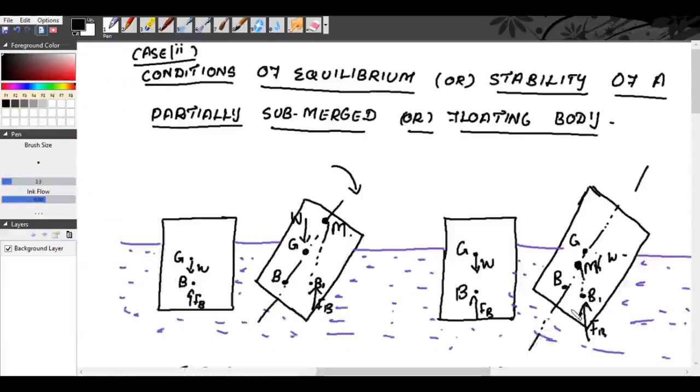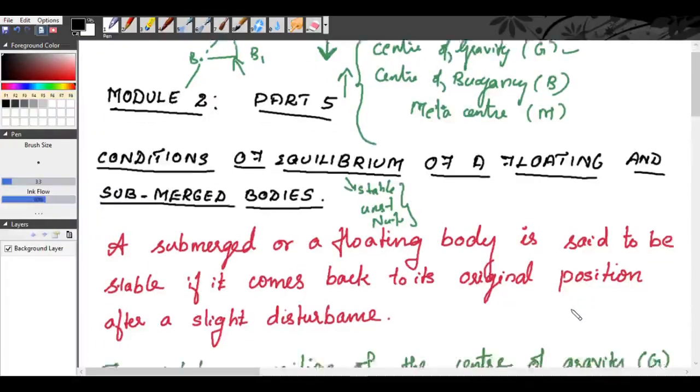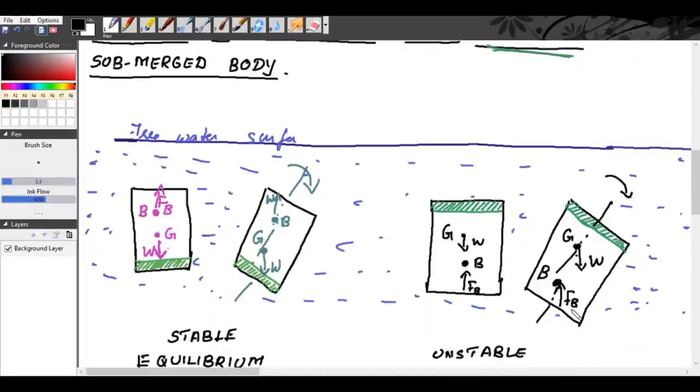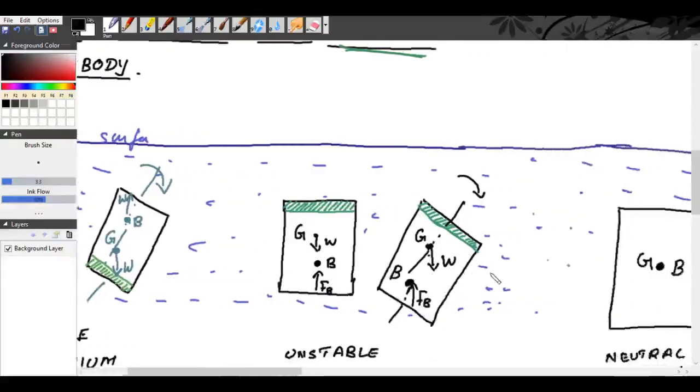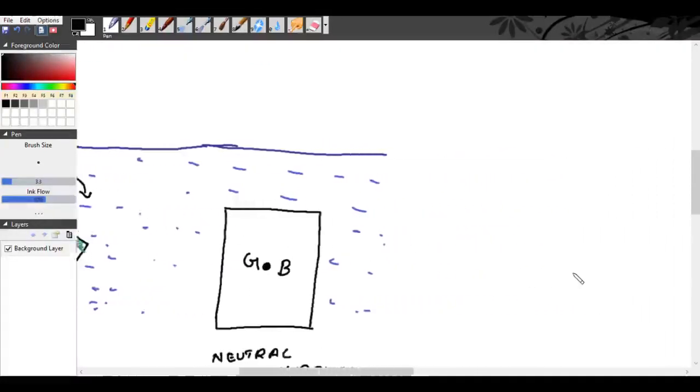We will just see the diagram once again. For a fully submerged body, if our center of buoyancy is above G, it is a stable equilibrium. If the center of buoyancy is below G, it is unstable equilibrium. For neutral equilibrium, G and B, center of gravity and center of buoyancy, lie at the same point.